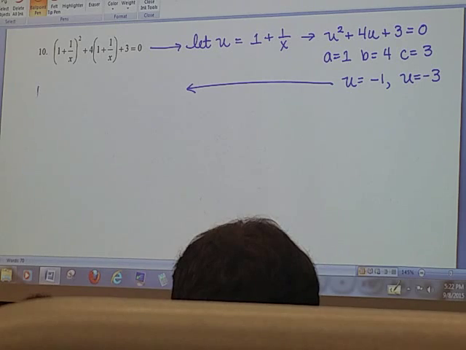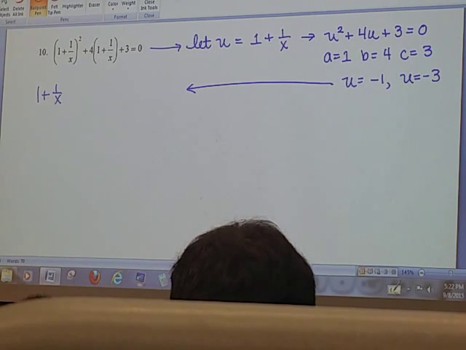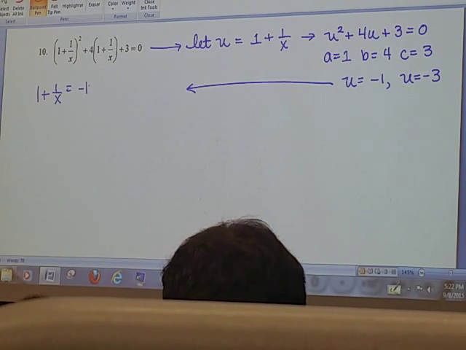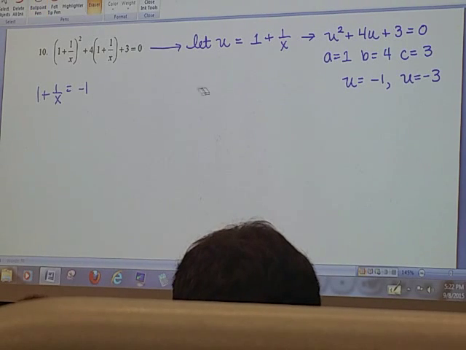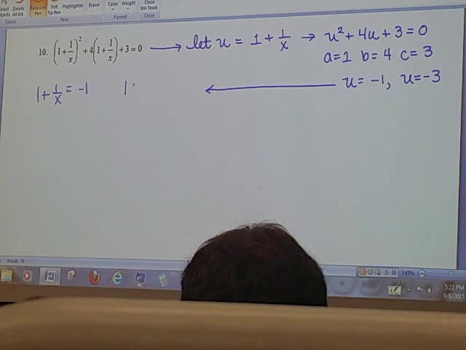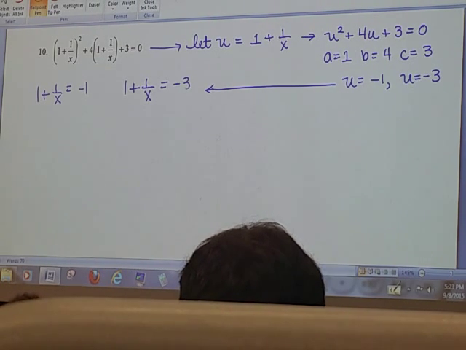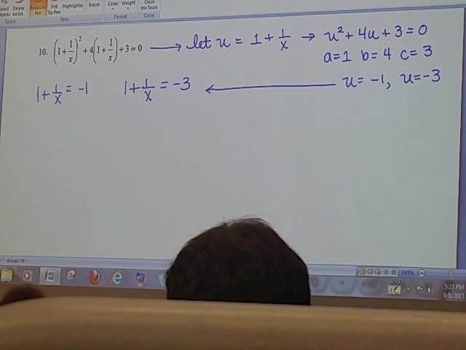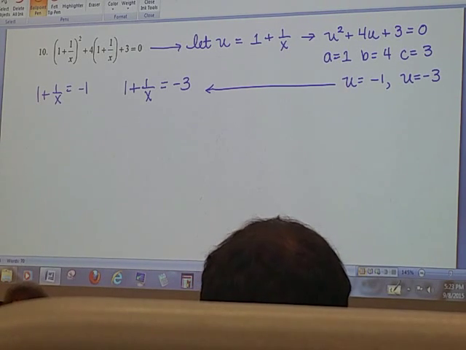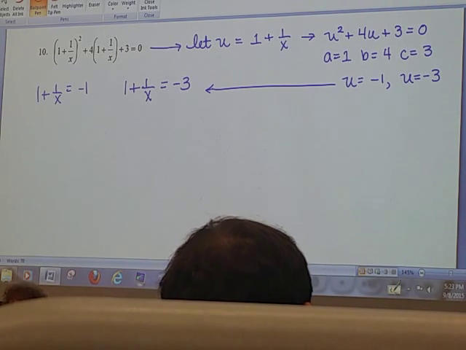So now I have 1 plus 1 over x equals negative 1, and 1 plus 1 over x equals negative 3. So how do I get rid of that x in the denominator?